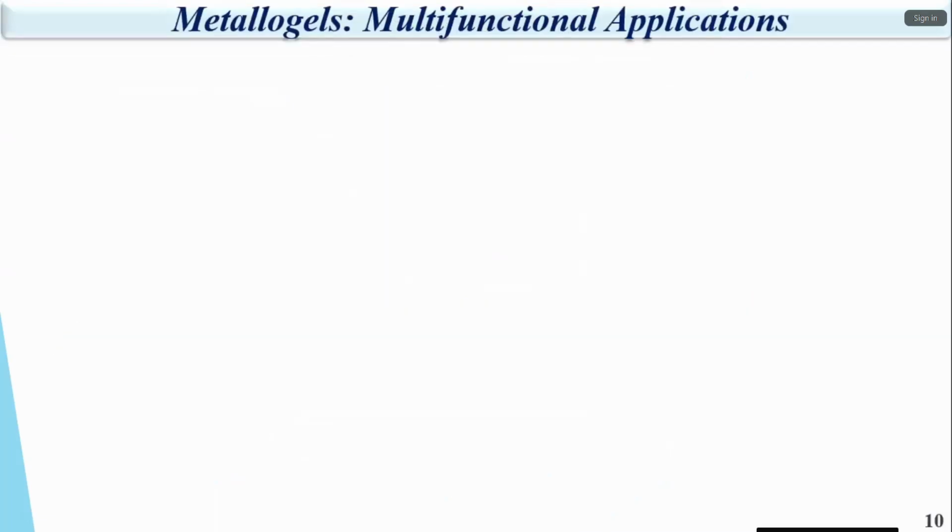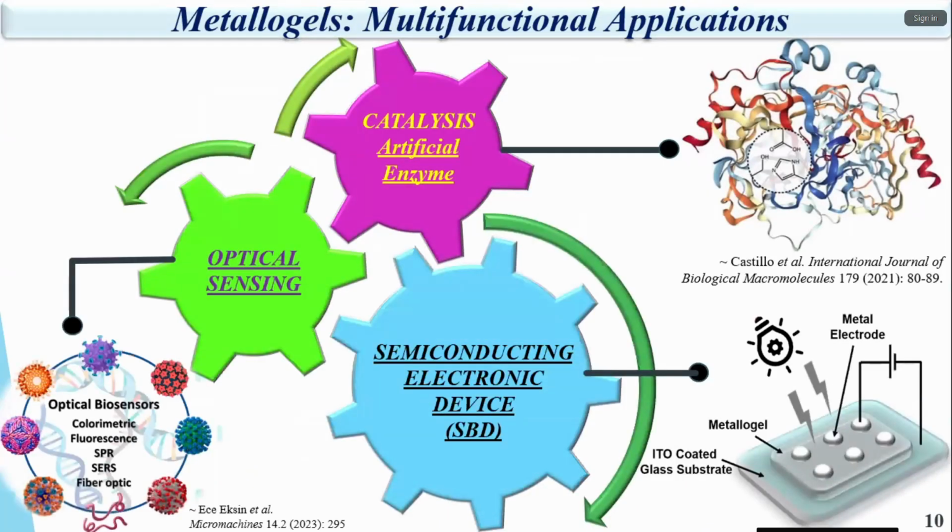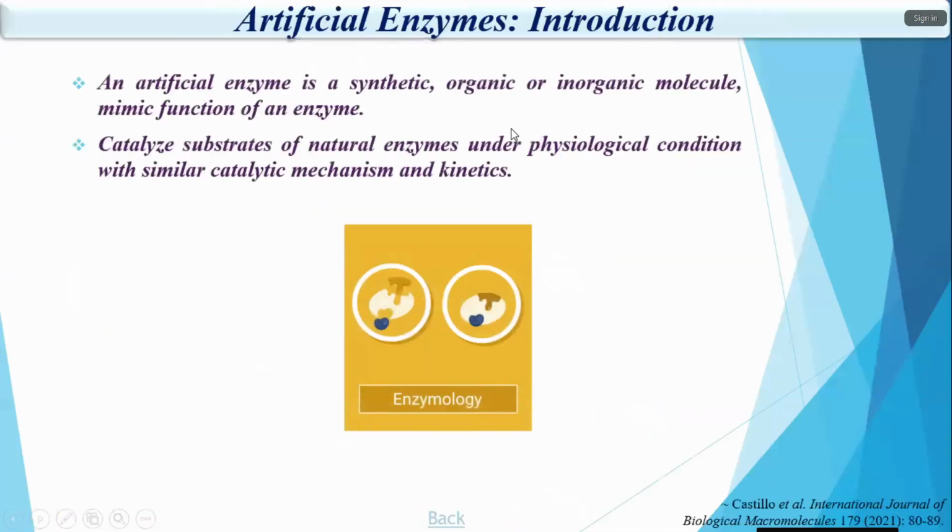In my research work, we have mainly focused on three main applications: catalysis as an artificial enzyme, optical sensing, and semiconducting electronic devices. I would like to tell you briefly what an artificial enzyme is.